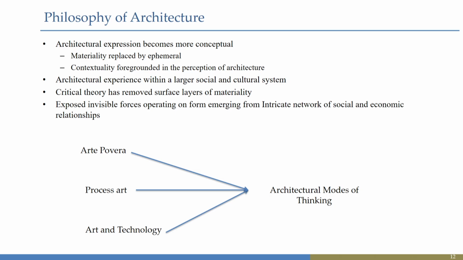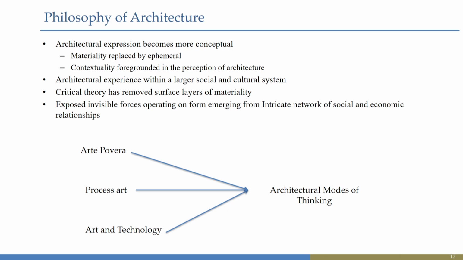It can be done with fewer resources. So, arte povera is one mode of architectural thinking, and then the two that I have already mentioned: process art, where the way of doing things itself becomes an example of architectural expression, and finally art and technology, how art and technology come together to create an architectural object.